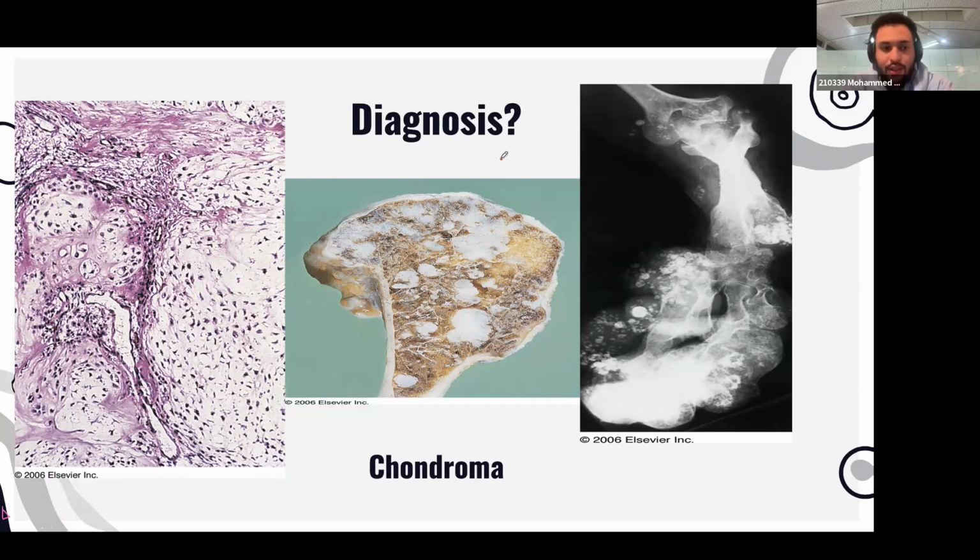Phalanx, good, perfect. Phalanges. Remember phalanges, okay? One of the common locations that this can affect is the phalanges. It can affect other things, however, phalanges is a very specific thing it can do. It's a benign tumor of chondrocytes, of cartilage. All these white spots over here is cartilage, and you can see how destroyed this bone is.